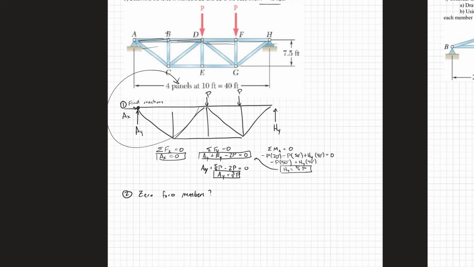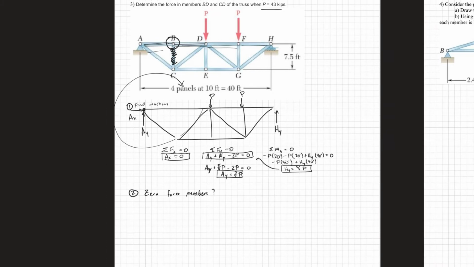Based on this joint right here, there's not going to be any force carried in this member. So if I wanted to, I could almost erase it, and it wouldn't have any effect. Ultimately, as you will learn later in your structural careers, they do have some role. But basically, a zero force member you don't want to make very large at all, because it's not really going to support anything really important.